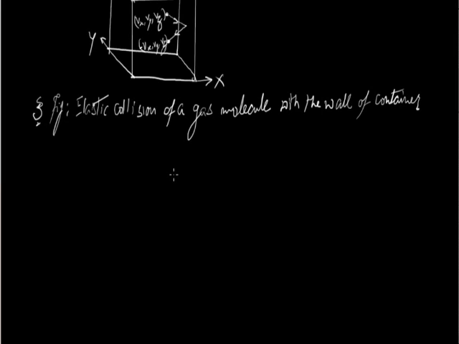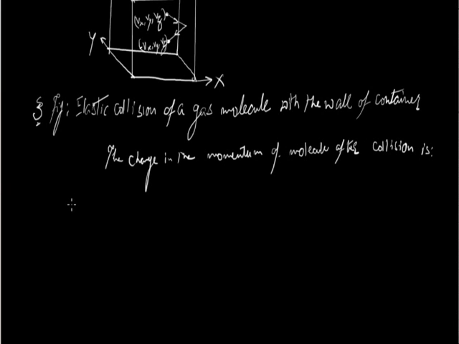The change in momentum of the molecule: the momentum after collision is minus m Vx, that is final, and this is initial. So final minus initial will give you the change in momentum, that is delta P, which is minus 2 m Vx.